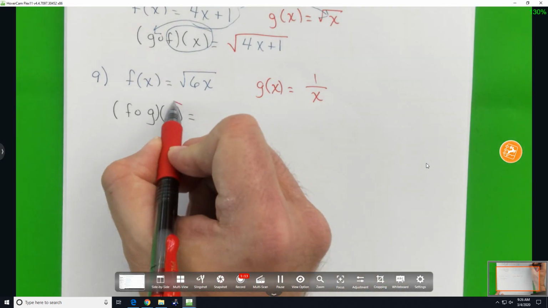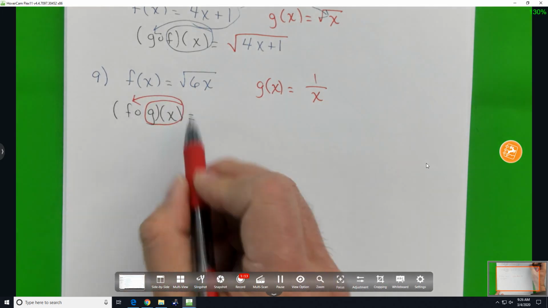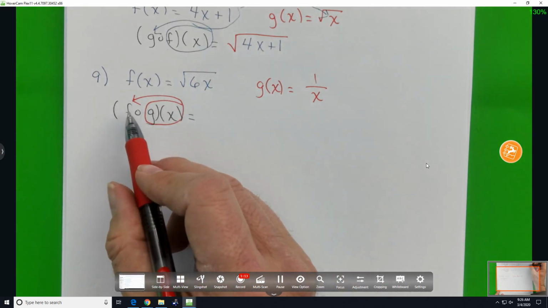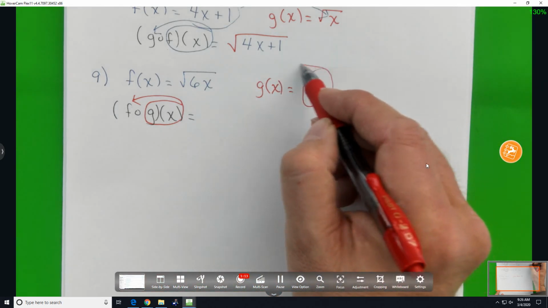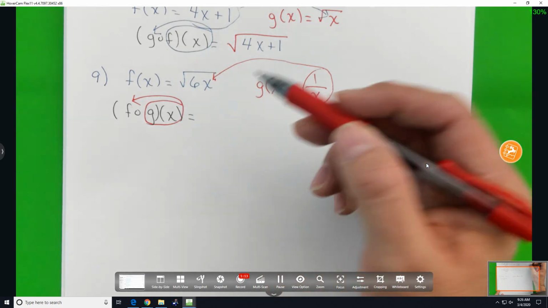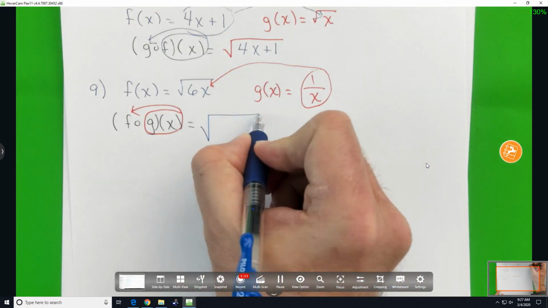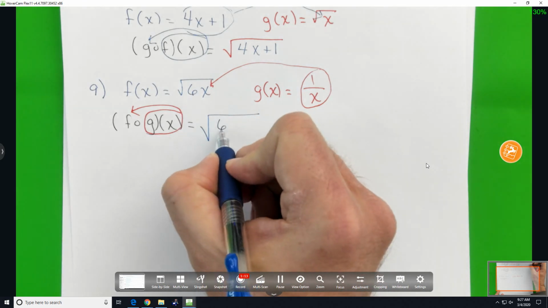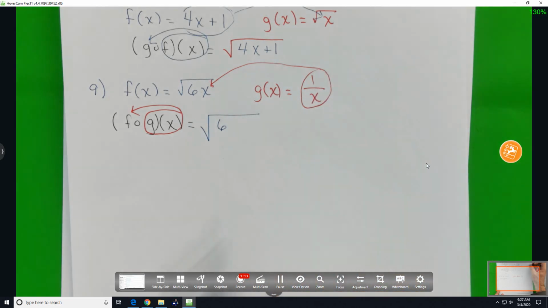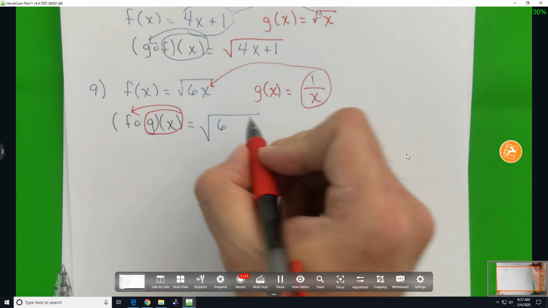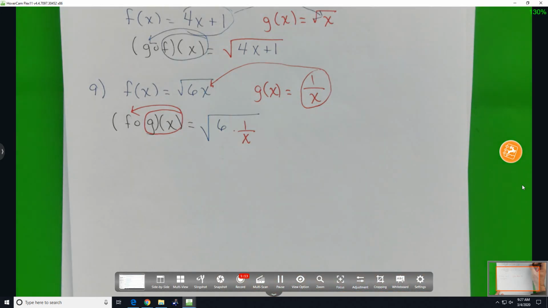I'm plugging g of x into the function f. So I have a blue square root, a blue 6. In place of that blue x, I'm putting the red 1 over x. And that operation there is times.